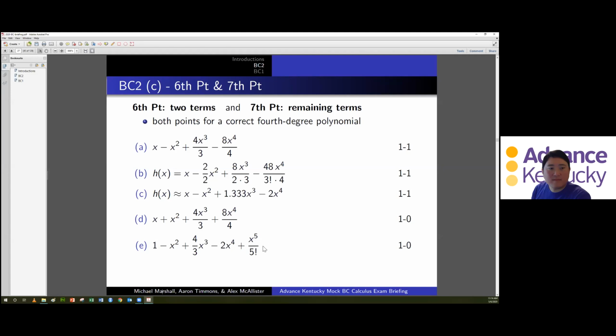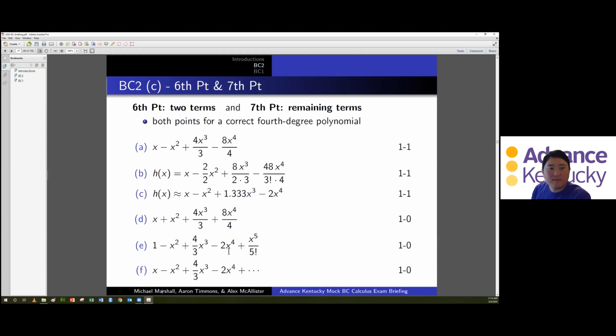They also put in a 5th degree term. But they do have 2 correct terms, right? They've got the minus x squared plus 4/3 x cubed. So they even have a 3rd one, but it's not quite enough, right? You have to have all 4. And then this student has it looks like the whole correct polynomial, but they've got the plus ... on there, and so they're not going to earn that 7th point.